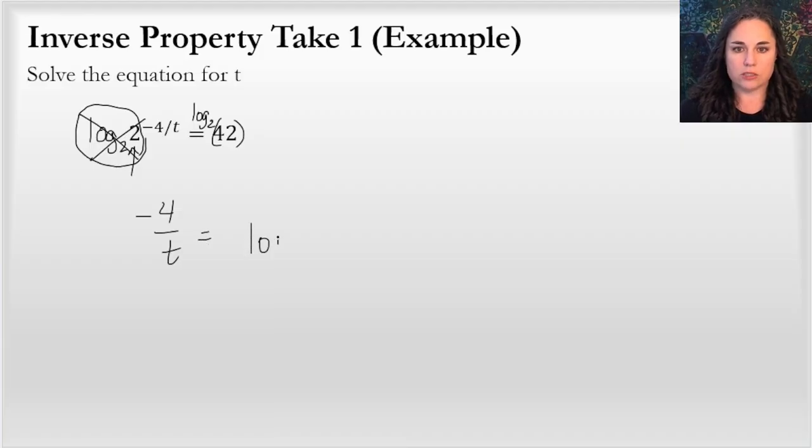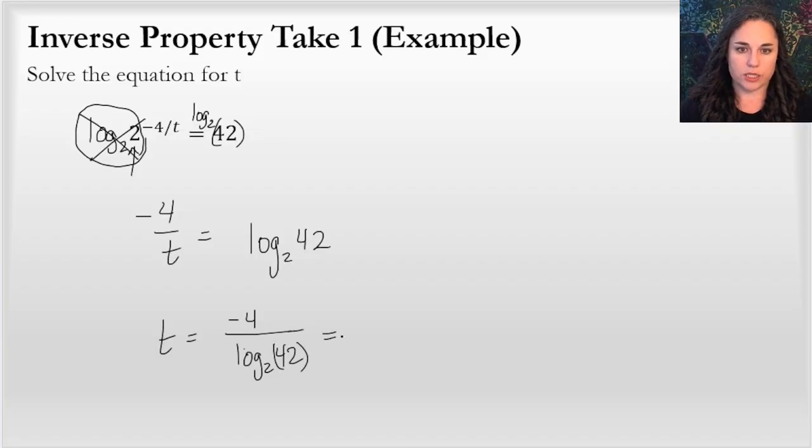Over on this other side, I'm going to have a log base 2 of 42. If your calculator is fancy enough, you can do a log base 2 of 42 in your calculator. I'm going to do one more step and solve for t. t equals -4 over log base 2 of 42.